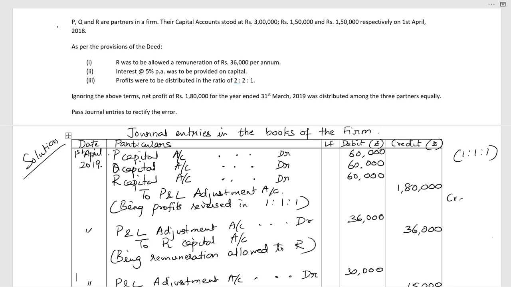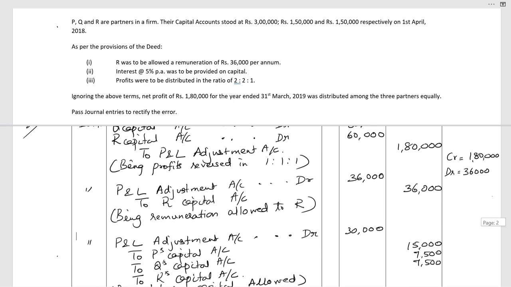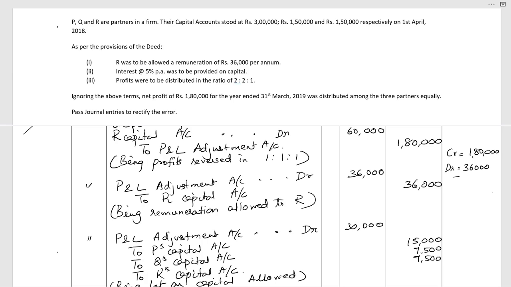Credit 1,80,000 is in the first entry. In the second entry, profit and loss adjustment account is debited with 36,000, and in the third entry also the profit and loss adjustment account is debited with another 30,000.